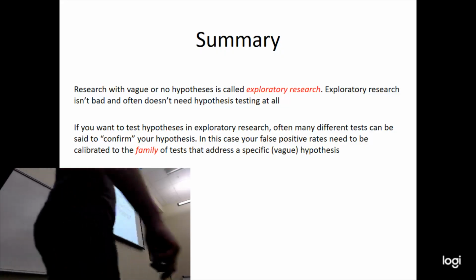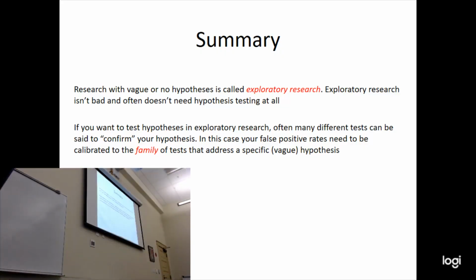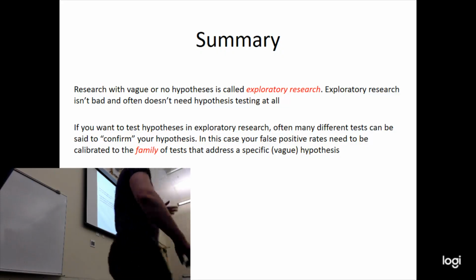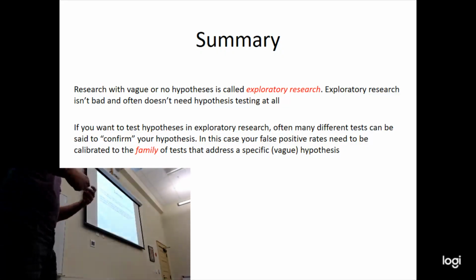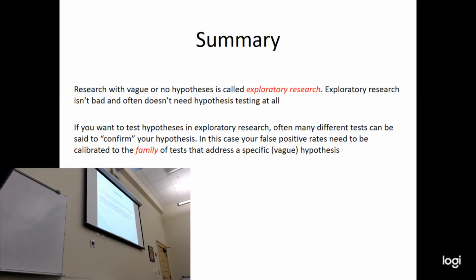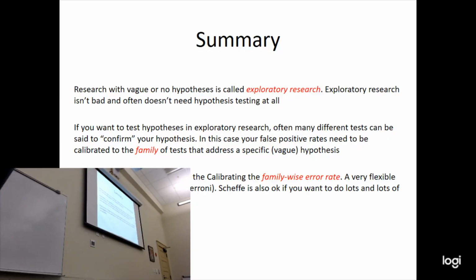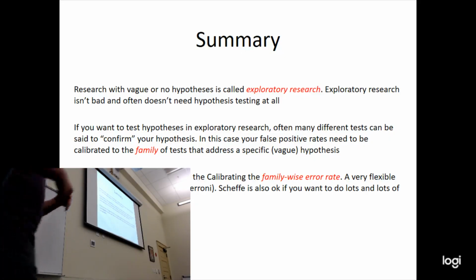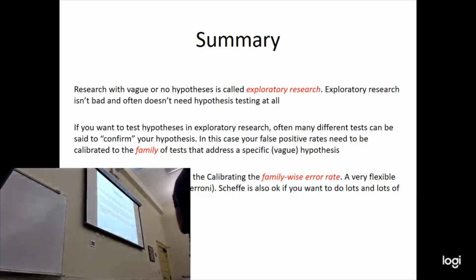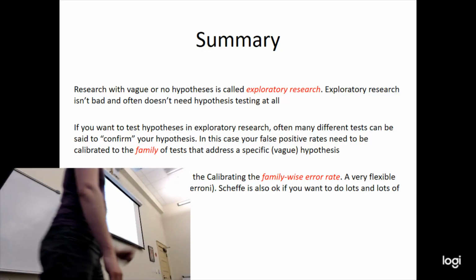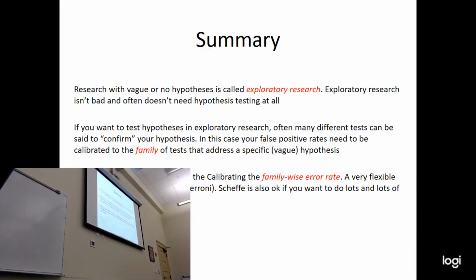So the procedure that you need to follow is to define what that family is, or maybe you have several families if you have a couple independent sets of hypotheses or a couple independent theories that you're investigating. And then apply some sort of procedure to correct the error rate, the type 1 error rate for that family. And there are lots of methods available, though I tend to like the Holm-Bonferroni best.